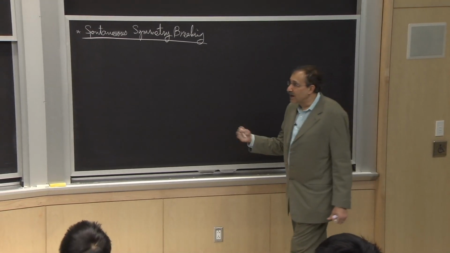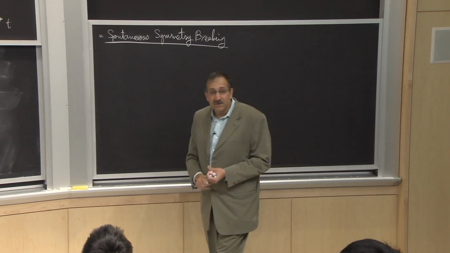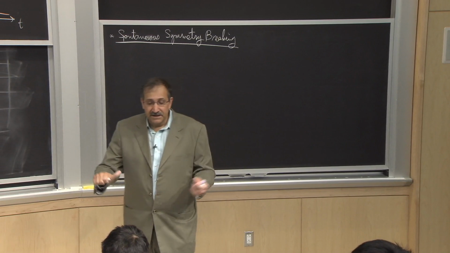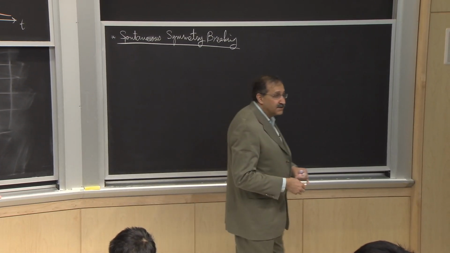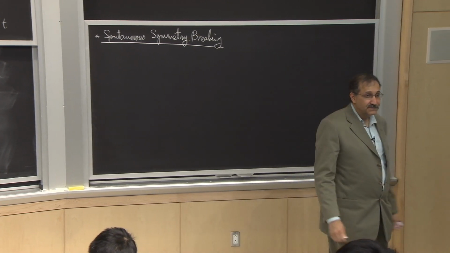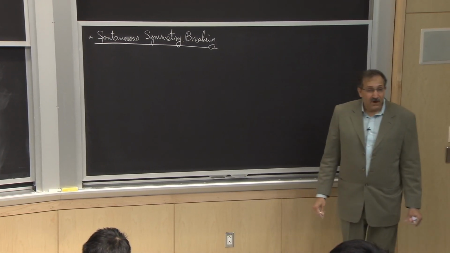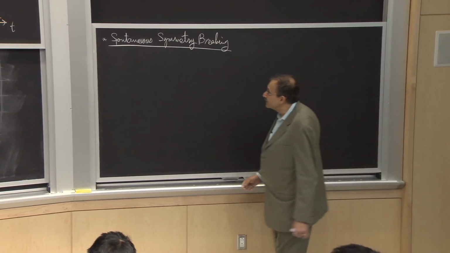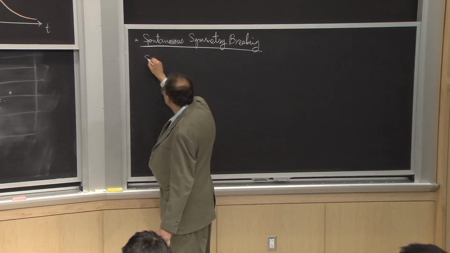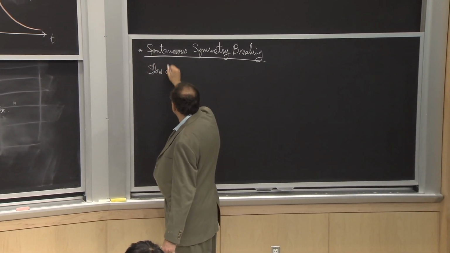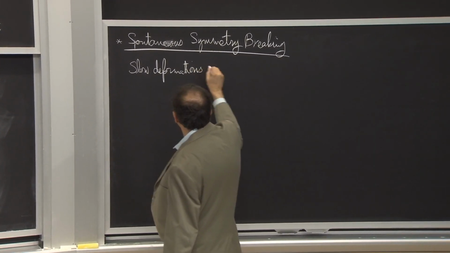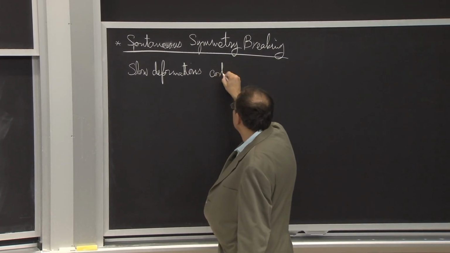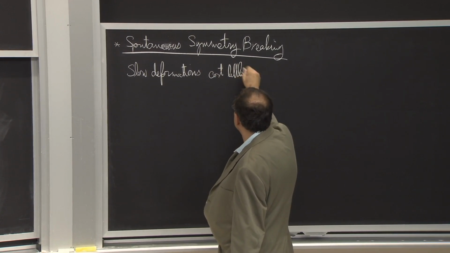So essentially, you have a manifold of possible states, and making a change from one state, deforming to another ground state, does not cost you any energy. So one consequence of that is that slow deformations should cost little energy.